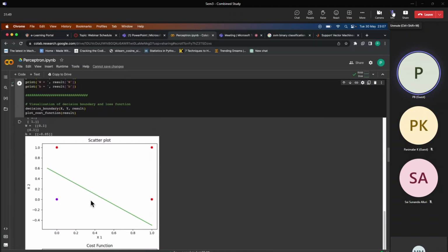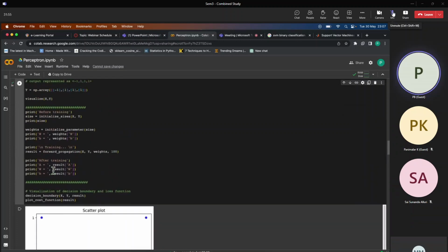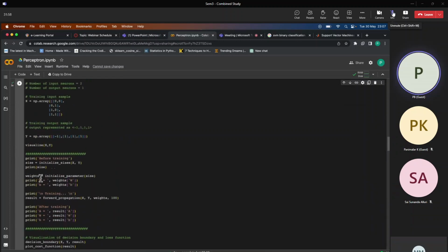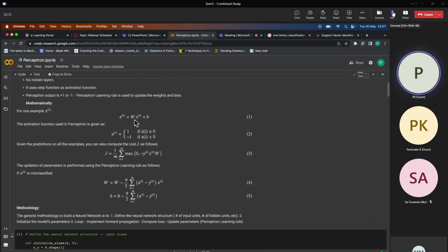So what we have here is, before training, I took the initial terms as 0. Weights initialize parameters. Weights are like w naught and w1. We remember w naught and w1 for initial weights, like this. This is the initial weight w. What we do is w naught plus w1 x1.